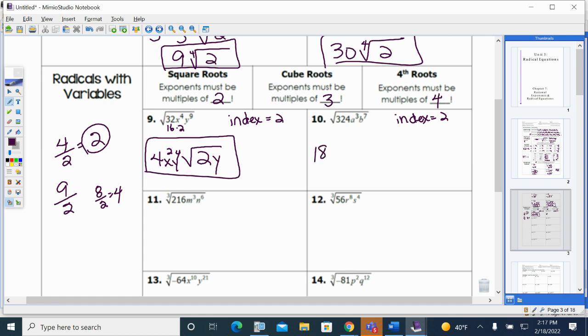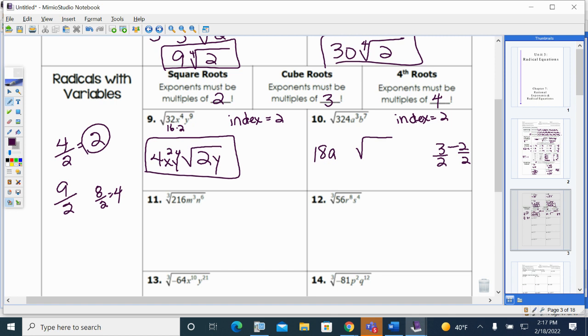Okay? Now let's look at the a's. A to the third power. If I have an index of 2, how many a's can come outside? Well, if I've got 3 and I want to try to divide that by 2, that's not going to work. It doesn't go evenly. But 2 of them would. So if I had 2 divided by 2, that gives me an a on the outside with 1 left over.